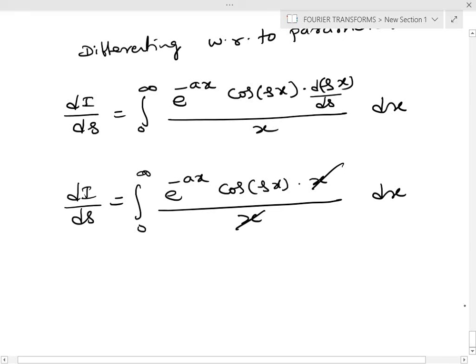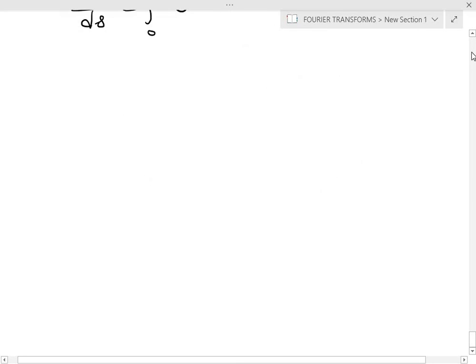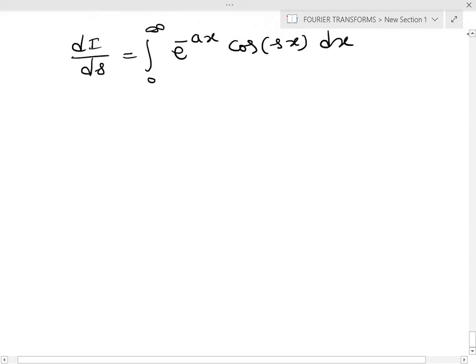So what remains is dI/ds equal to 0 to infinity e power minus ax cos of sx dx. So this is again a standard integral, very well known to you.